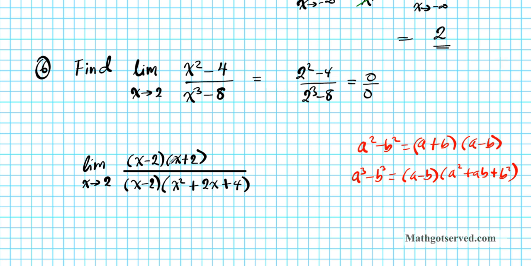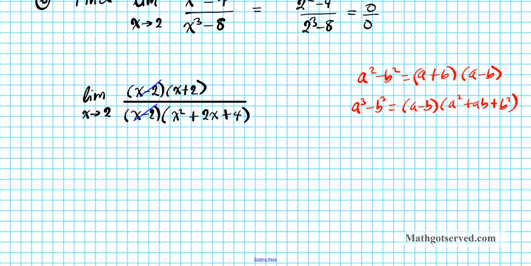So even though we have a removable discontinuity at positive 2, that doesn't mean that the limit is non-existent there. Let's go ahead and remove the discontinuity from the expression. We're left with the limit as x approaches 2 of (x plus 2) divided by (x squared plus 2x plus 4).